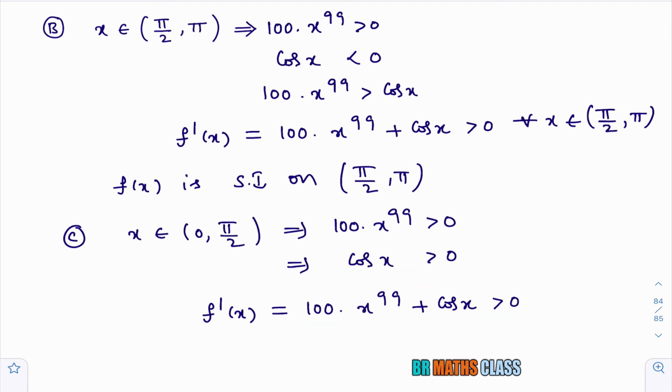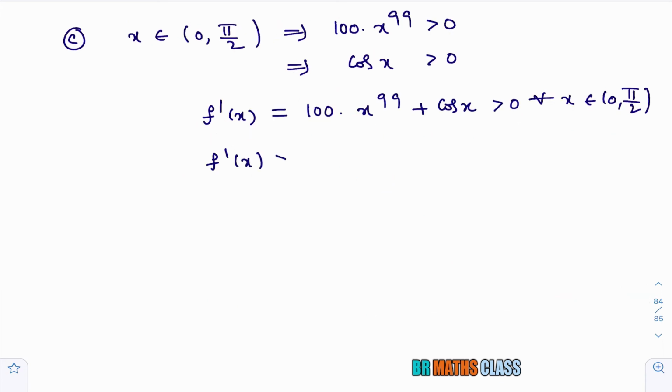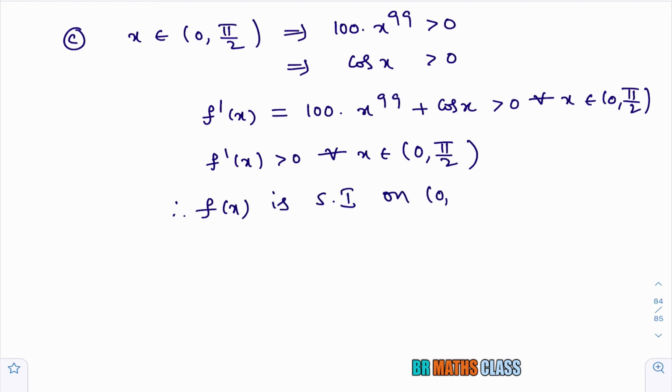So f dash of x is greater than 0 for all x belongs to open interval 0, pi by 2. What we can say is that f of x is strictly increasing on open interval 0, pi by 2.